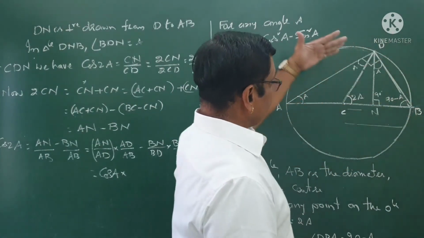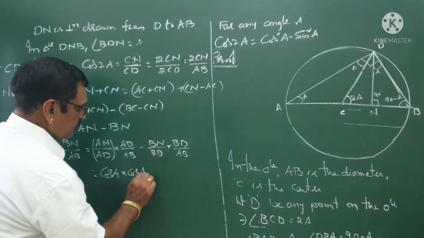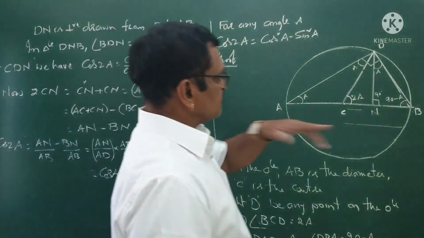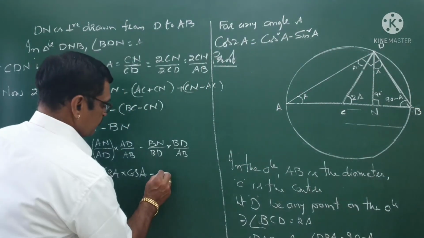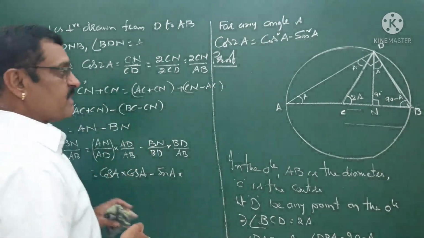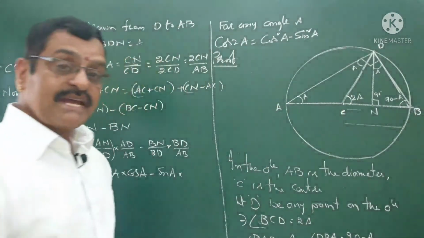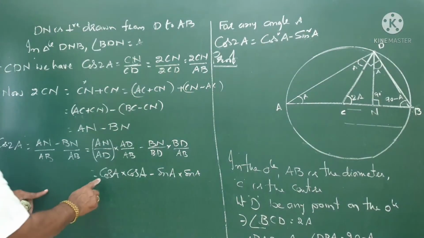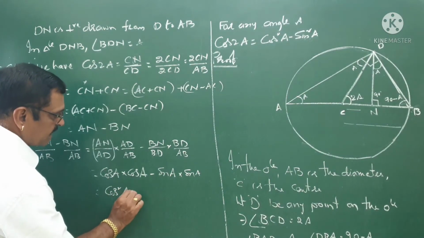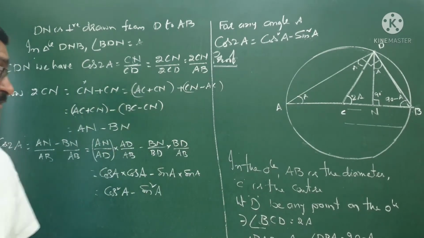The whole triangle AD by AB will again become cos A. So one more cos A. Minus BN by BD: BN is the opposite side to A, therefore I can write it as sin A, times BD by AB, which again is sin A. Therefore, finally I have cos square A minus sin square A. Yes, I got the proof for cos 2A is equal to cos square A minus sin square A.